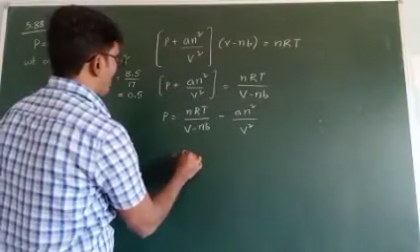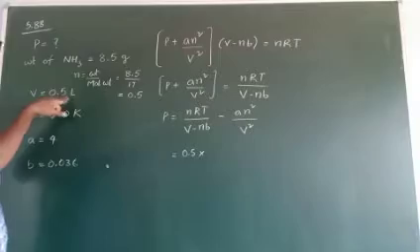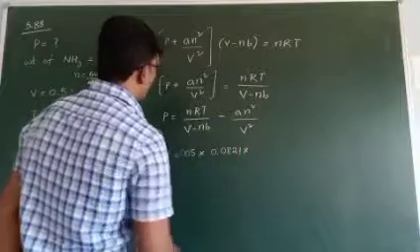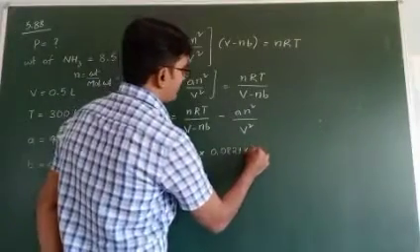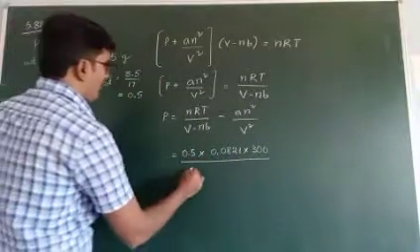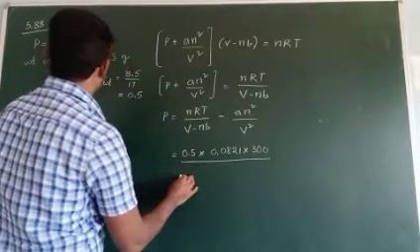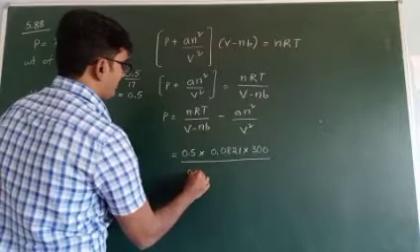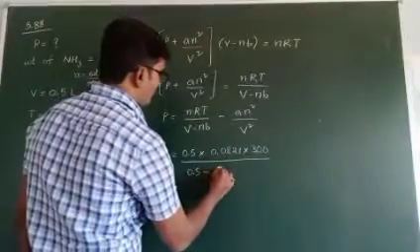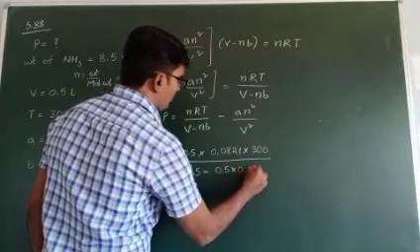n value 0.5. R value: volume is given in liters, so it should be taken as 0.0821 liter atmosphere. Temperature value 300 Kelvin, so 300 by V value, volume 0.5, minus n value 0.5 into b value 0.036.